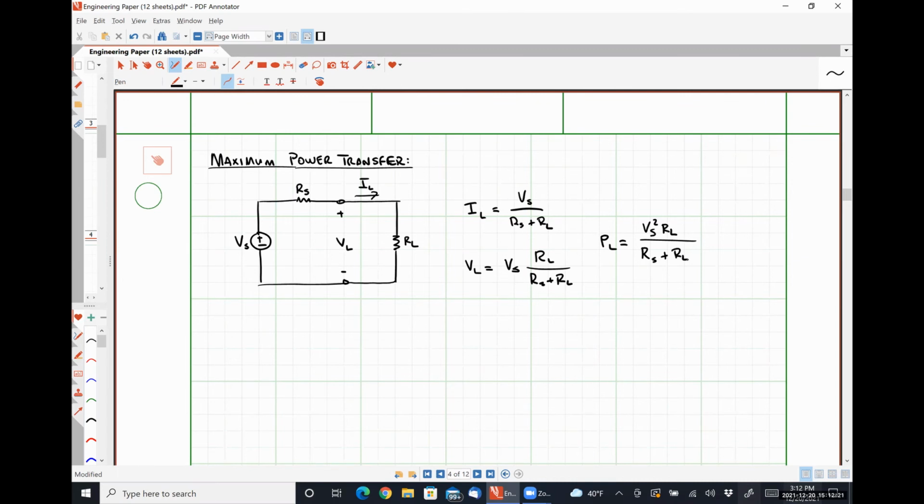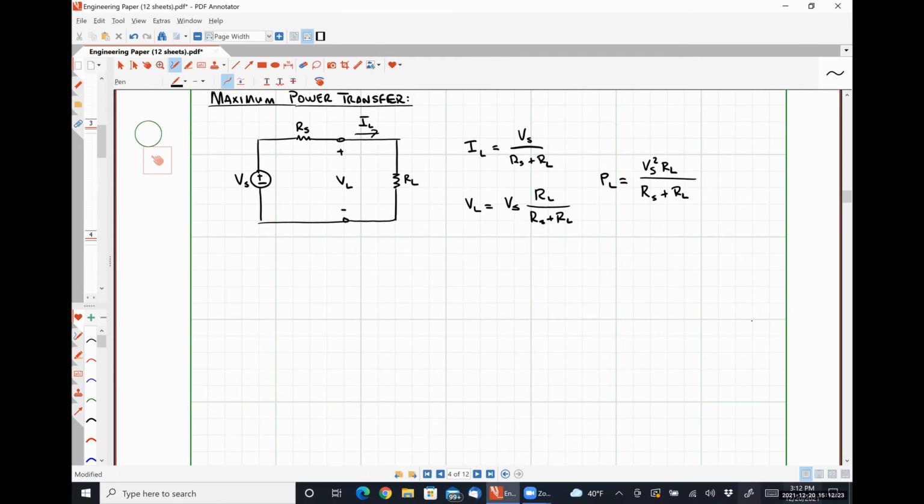And so for a given value of Rs, if we plotted PL as a function of RL, we'd get something that looks like this.